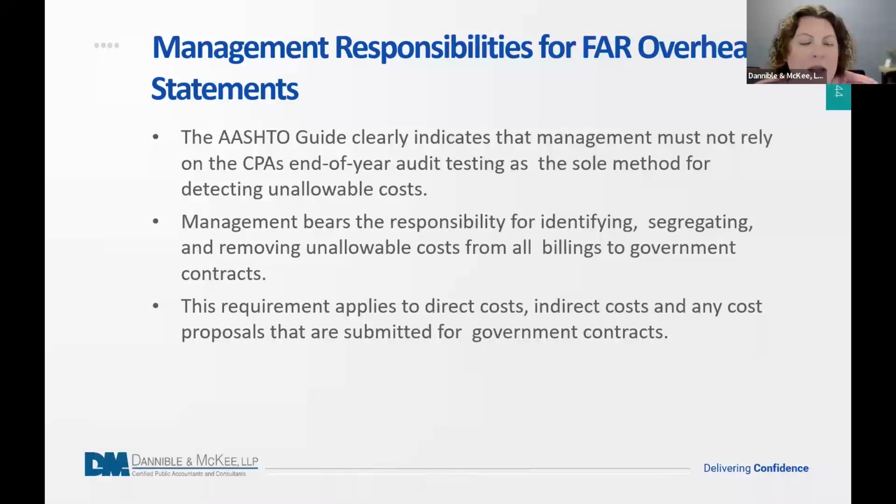They're not looking to your CPA. They want to know, does management understand their responsibility for identifying, segregating, and removing unallowable costs? You may not do all of that, but as long as you have the knowledge and ability to do it, that's what's important.